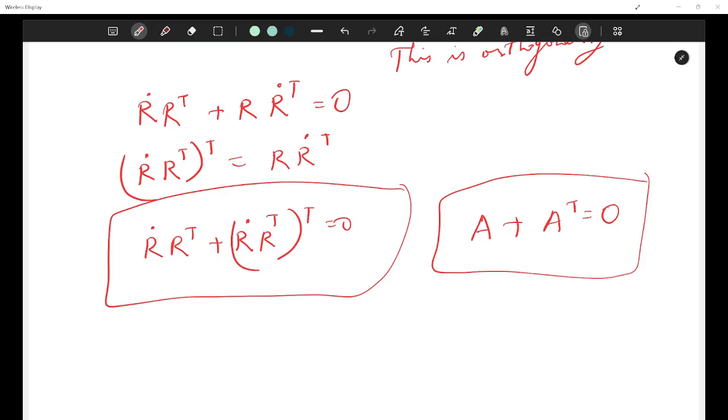I won't be able to see the chat box, so please unmute yourself to answer. This is very basic, come on. If a matrix is written such that A is equal to minus Aᵀ, what can you say about this matrix A? What is a symmetric matrix and what is a skew symmetric matrix?